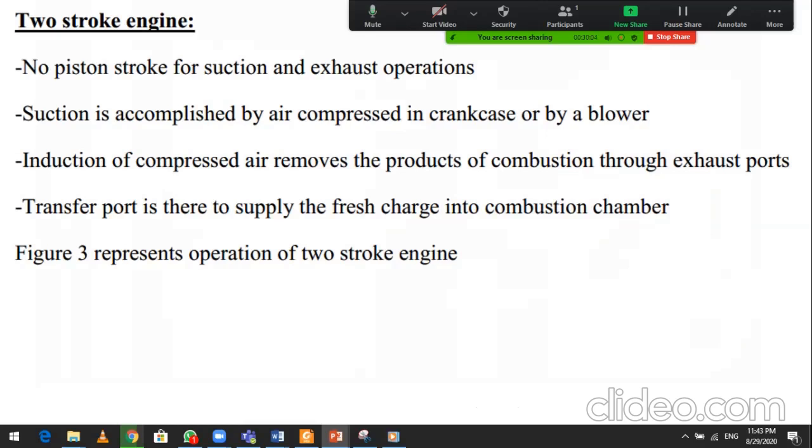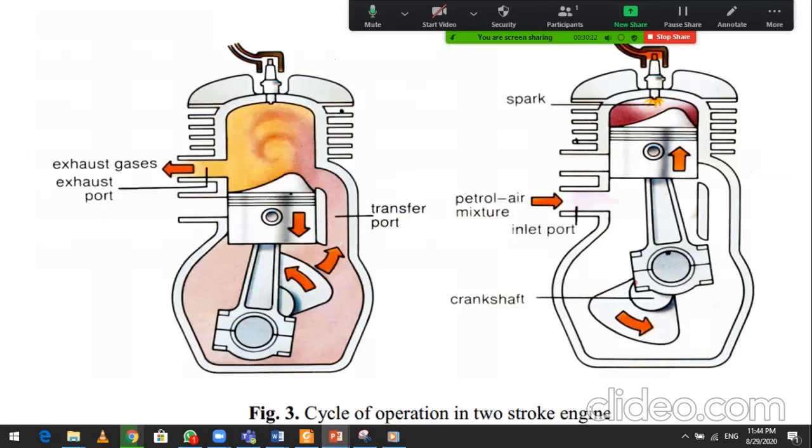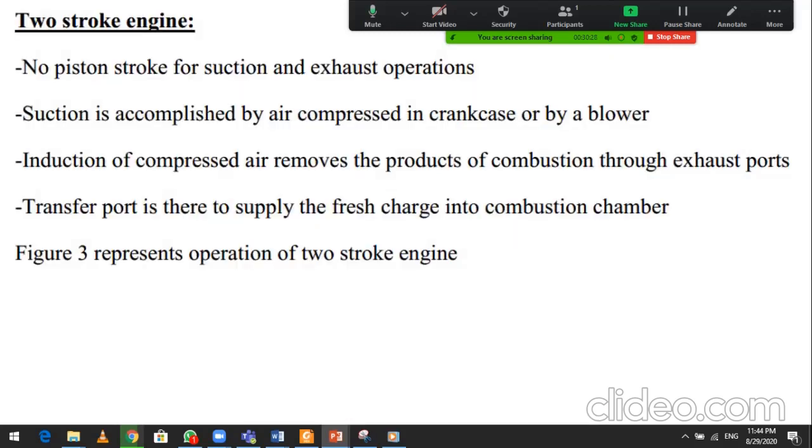Induction of compressed air removes dead products of combustion through the exhaust port. Here is the transfer port, you can see it in the design, and the transfer port is there to supply the fresh charge into the combustion chamber.